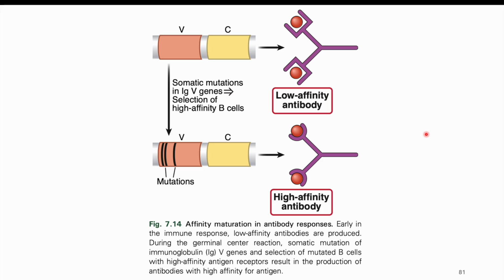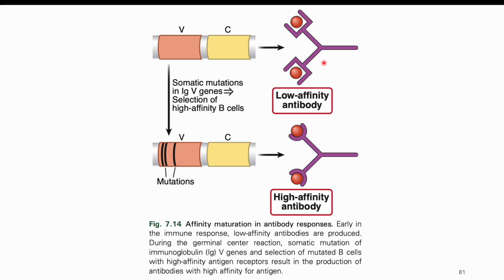Then this is the affinity maturation in antibody response. By now you know what affinity maturation is: somatic mutation in Ig V genes and selection of high affinity B cells. Basically, early in the immune response, low affinity antibodies are produced.